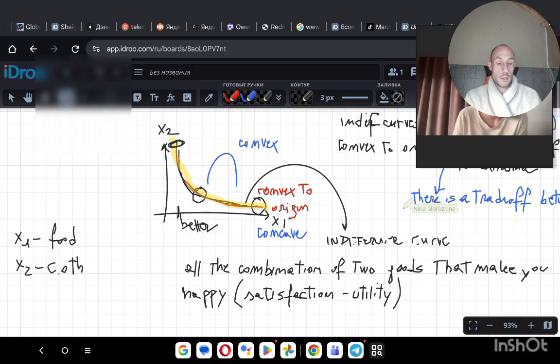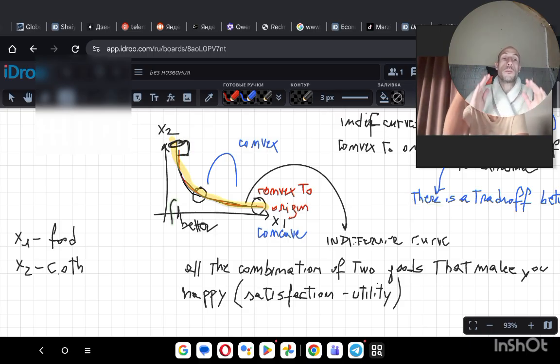So this is IC1, this is IC2, and again, let this be food and let this be clothes. Please notice that what I am putting down on the graphs are quantities, okay? They are not prices yet, just quantities. Okay, quantity.